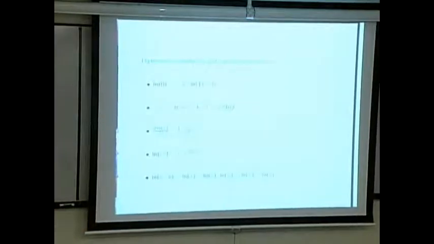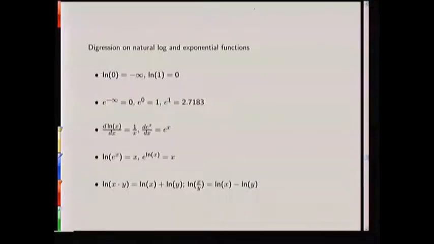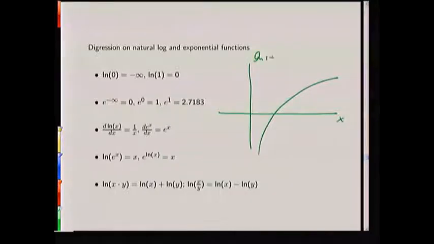Now, just a digression a bit on logarithms and exponentials. Hopefully everyone knows these relationships. The logarithmic function looks like this. So if this is x, and I'm computing the logarithm of x, the logarithmic function looks like this. So the log of 0 is minus infinity.